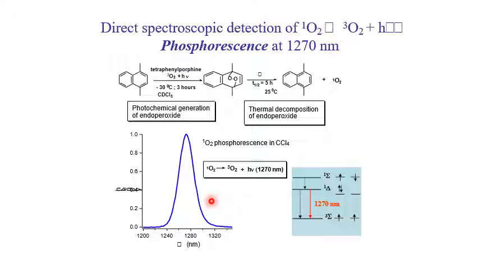So basically, in the presence of a photosensitizer and oxygen, it forms the endoperoxide, which collapses readily and forms singlet oxygen, and because of the singlet to triplet conversion, it shows phosphorescence in the 1270 nanometer range. This is how one can detect the singlet oxygen generation process.